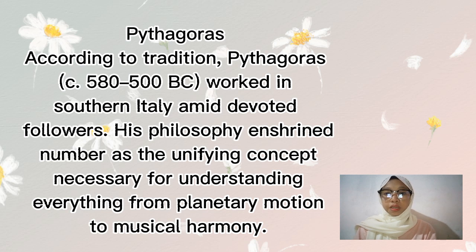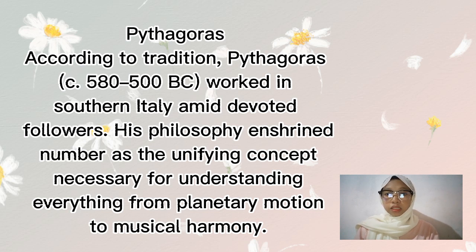His philosophy enshrined number as the unifying concept necessary for understanding everything from planetary motion to musical harmony. Given this viewpoint, it is not surprising that the Pythagoreans attributed quasi-rational properties to certain numbers.